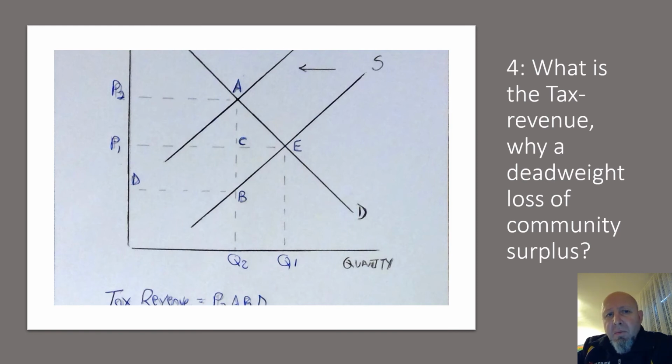The consumer has lost part of its consumer surplus ACE and must also shoulder part of the tax that goes to the government. Basically, in simple English, the consumer is paying more for less quantity.